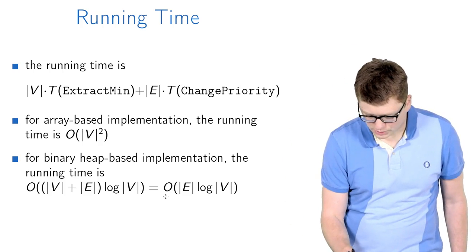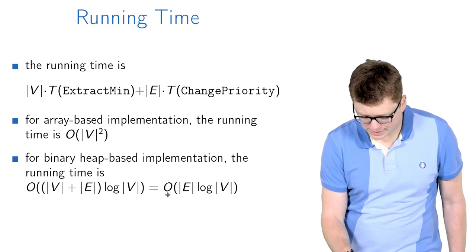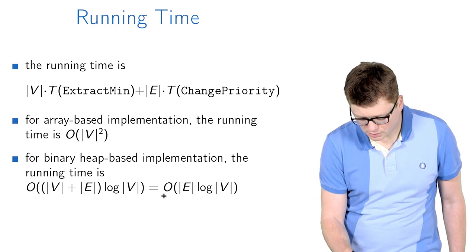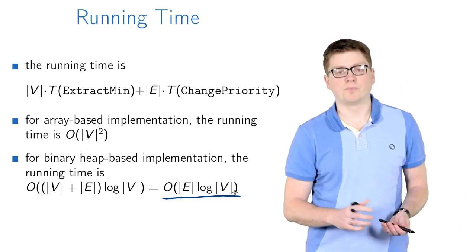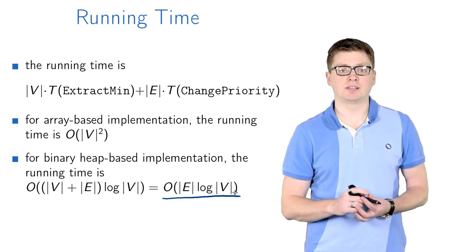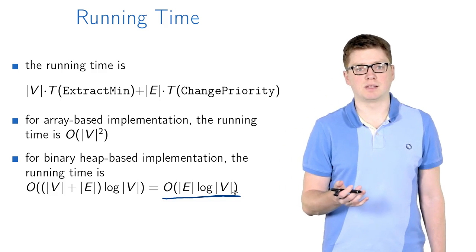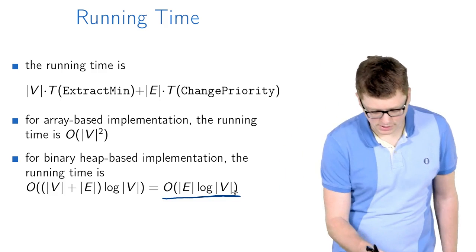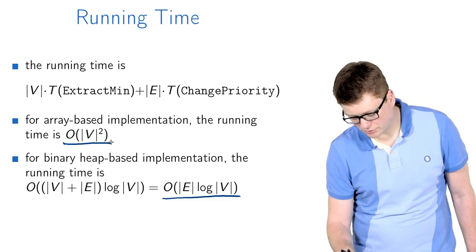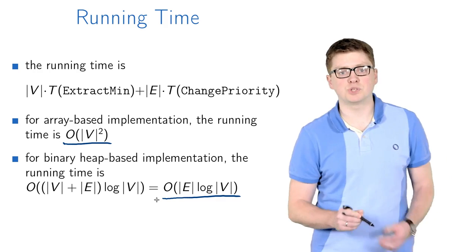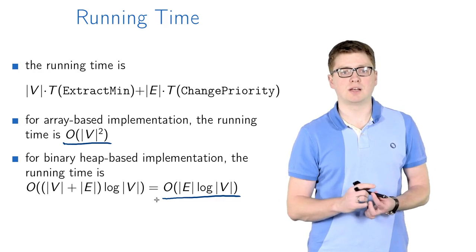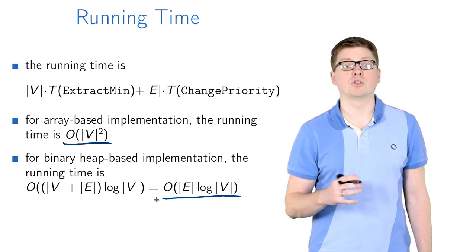This allows us to rewrite the whole expression as big O of E times log V. So once again, the running time depends on the implementation. If we use an array to implement our priority queue, this gives us V squared. If we use a binary heap, this gives us E log V. Which one is better depends on whether our graph is dense or not.